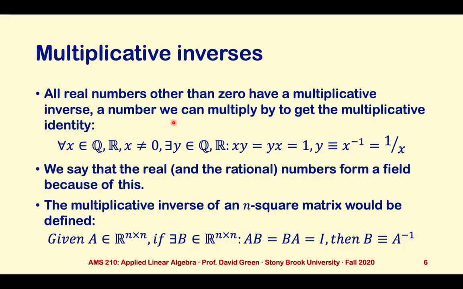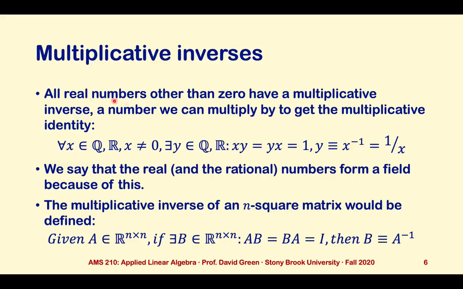Now, this similarity between the identity matrix as an identity element for matrix multiplication and the number 1 as the identity element for scalar multiplication leads us to think about a relationship for inverses, multiplicative inverses specifically.